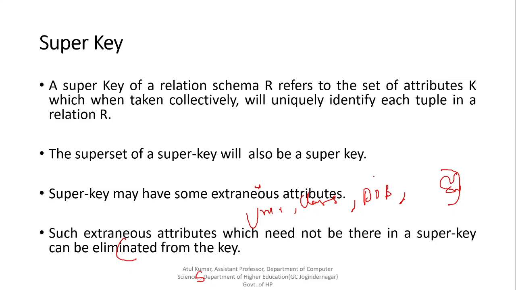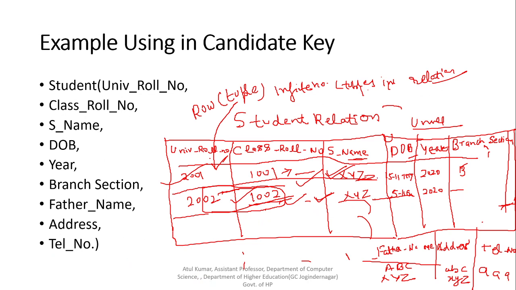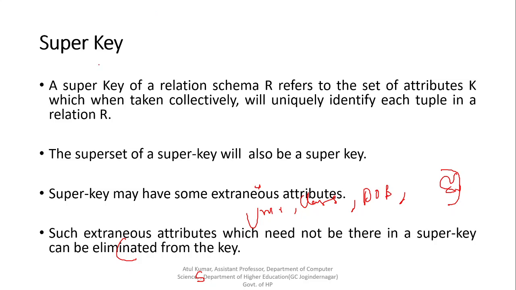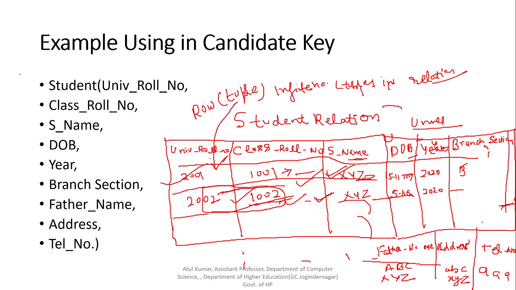How many attributes do we have in this example? Firstly we count: 1, 2, 3, 4, 5, 6, 7, 8 and 9.